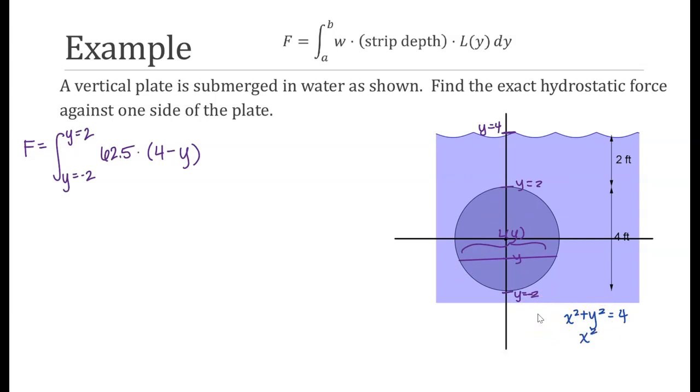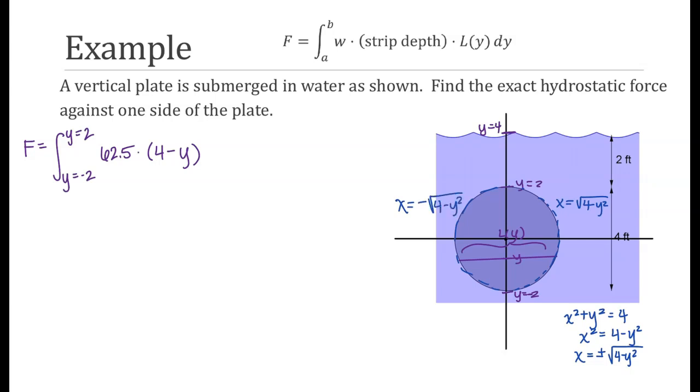So x squared is 4 minus y squared, or x is equal to plus or minus the square root of 4 minus y squared. So the right side of this circle is the equation x equals positive radical 4 minus y squared, and the left side of this circle is x equals negative radical 4 minus y squared.